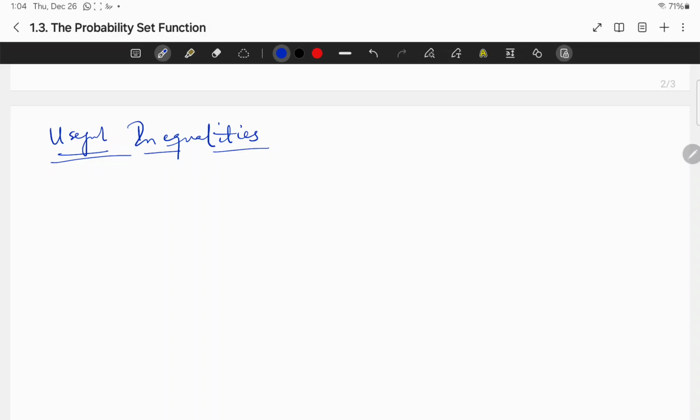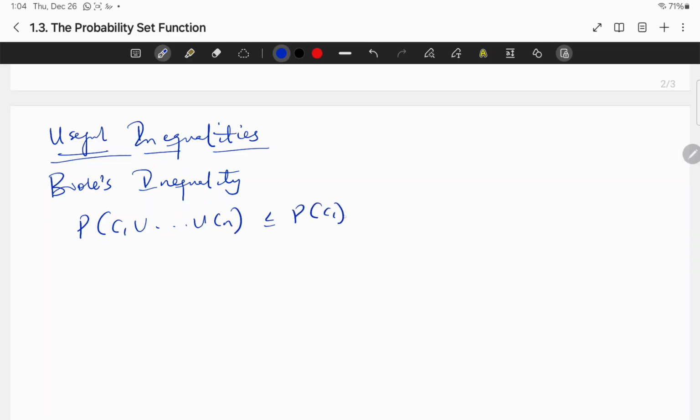Okay. We have Boole's inequality: the probability of C1 union and so on union Cn is less than or equal to the probability of C1 plus and so on plus the probability of Cn.